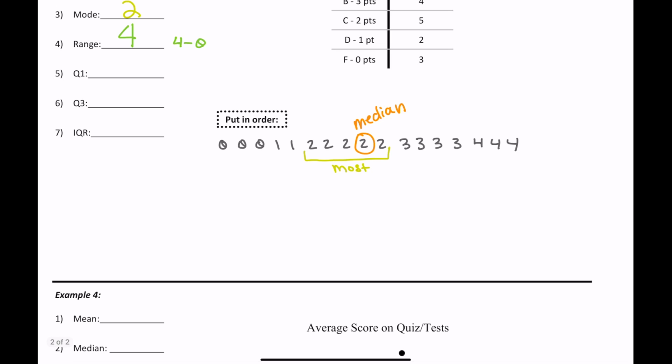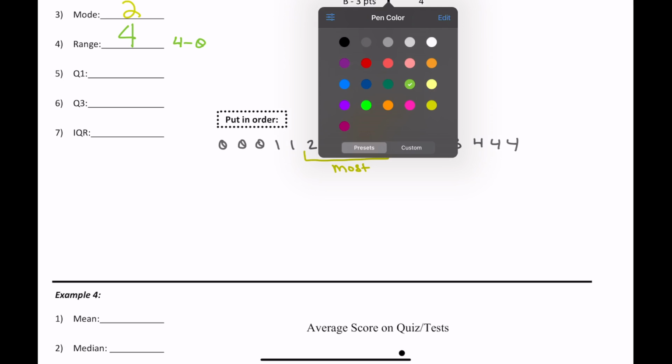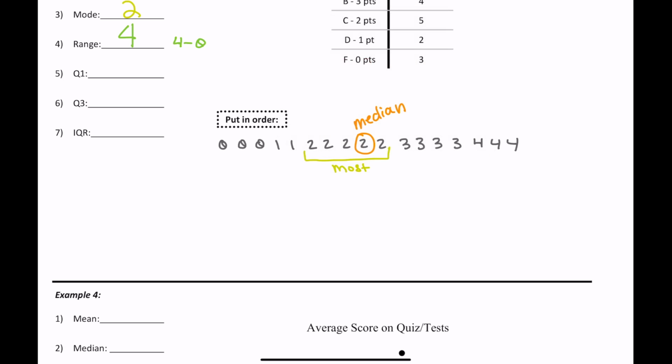All right, Q1. So let's look at this guy. We are looking at the first half of data, and since the median is right smack in the middle number, that means I do not use it. I just look at everything in front of that median. And how many do we have here? We have 1, 2, 3, 4, 5, 6, 7, 8.